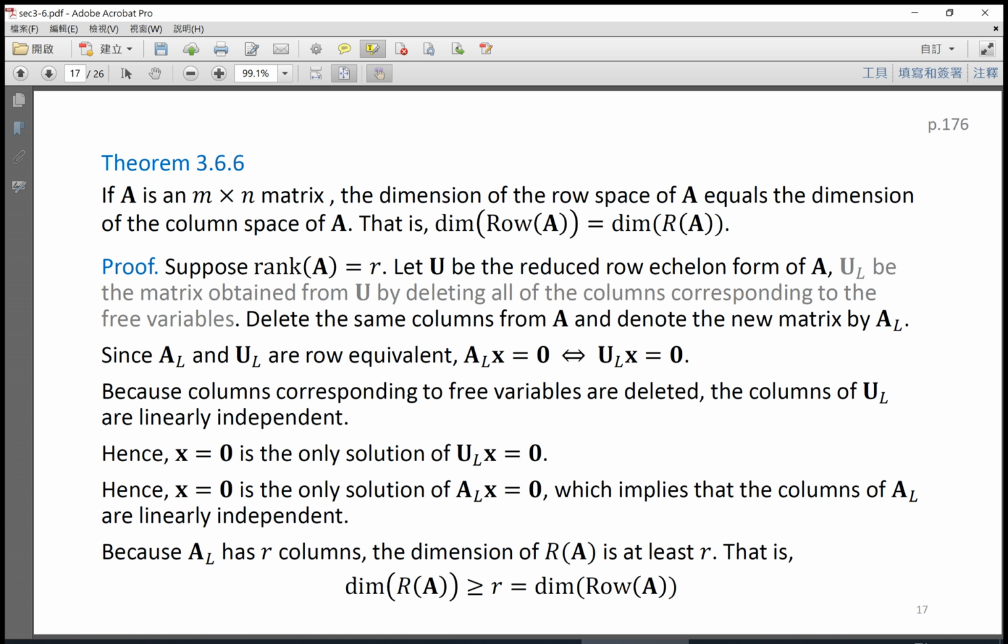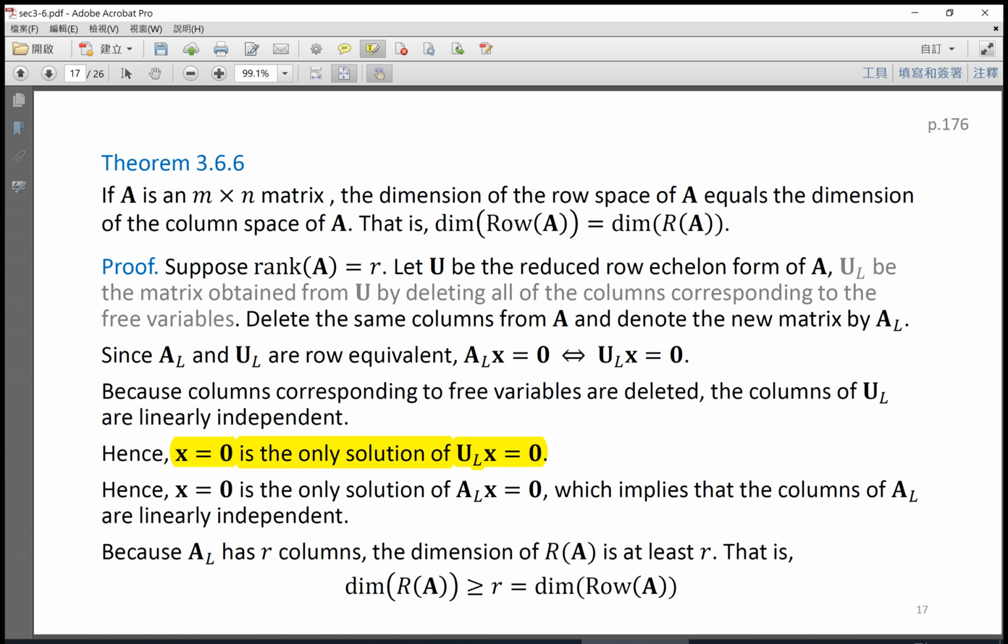We know that the columns of UL are linearly independent because we have deleted columns corresponding to free variables from U. Because of this condition, we know X equals 0 is the only solution to ULX equals 0.